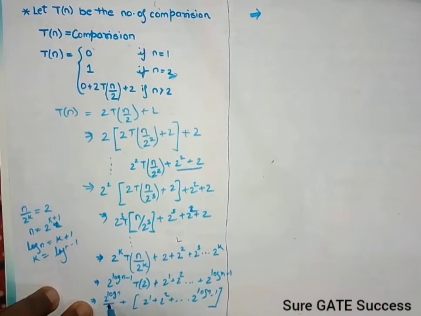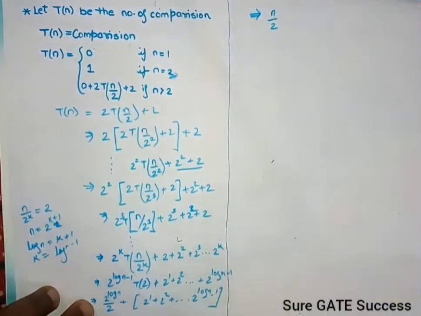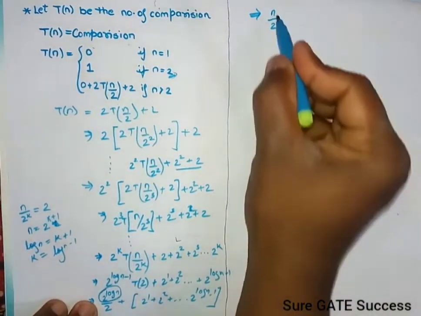By that formula, this becomes n by 2. This will lead to n.